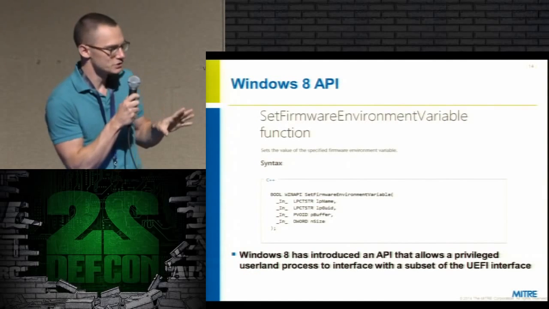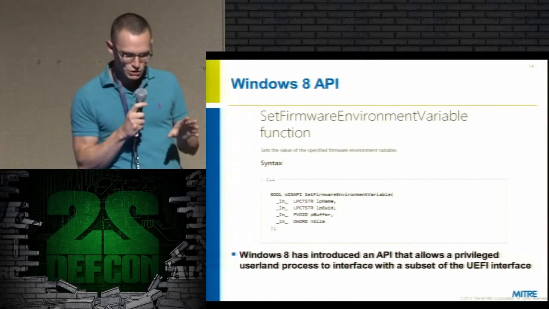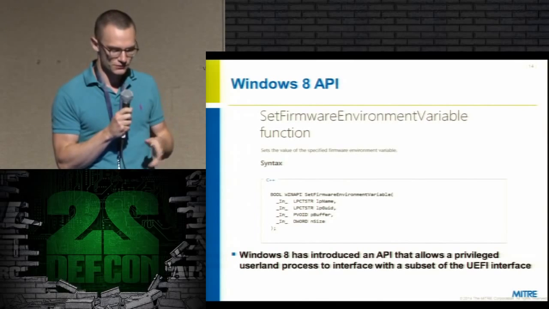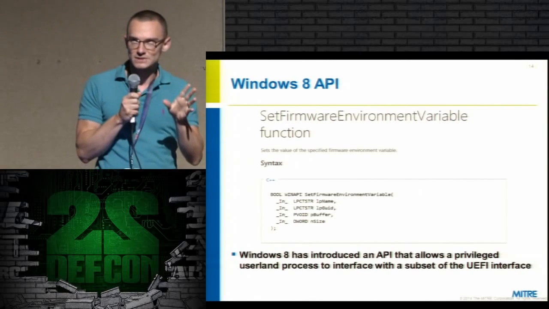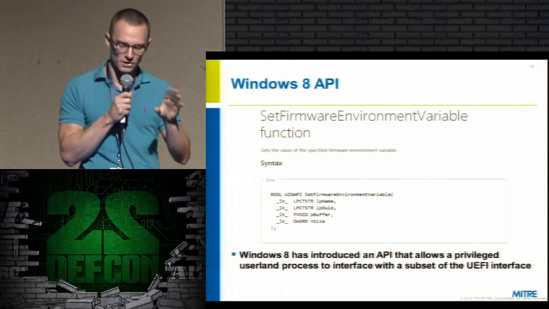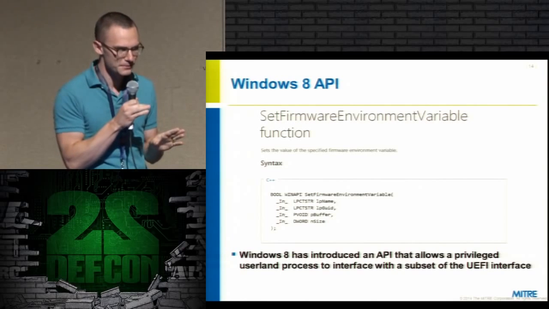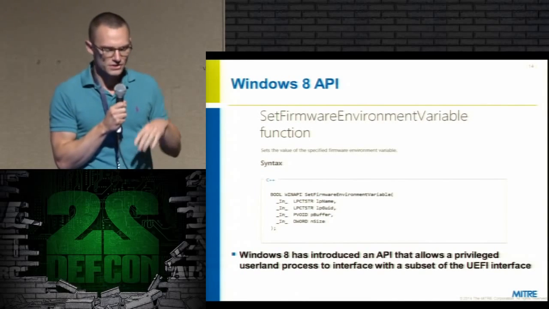Now, Windows 8 has introduced a new special API called SetFirmwareEnvironmentVariable, which lets you set, exactly what it says, firmware environment variables. You can think about these as kind of like Unix or Linux environment variables, like your path variable, your term variable, etc. UEFI has the same things. Generally, they look like the platform language, the boot order, and lots of other crazy things.